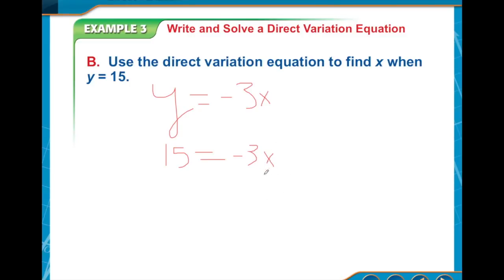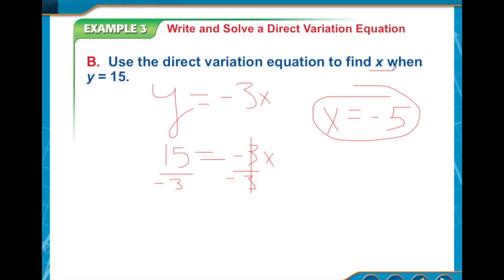What does this some number have to be? Well, if you can't see it, you can quickly divide both sides by negative 3. This goes away, that's just 1. 15 divided by negative 3 means x would equal negative 5. And that is all, just a very quick step. To solve that, if y is 15, x has to be negative 5. That's the only number that would work.